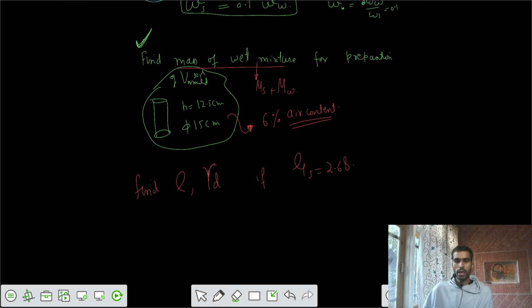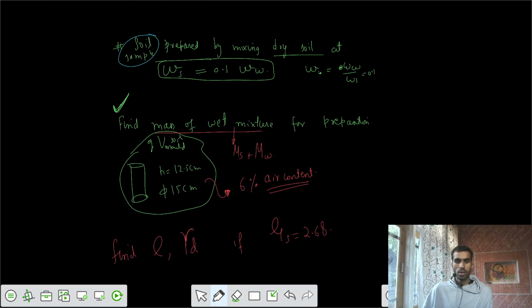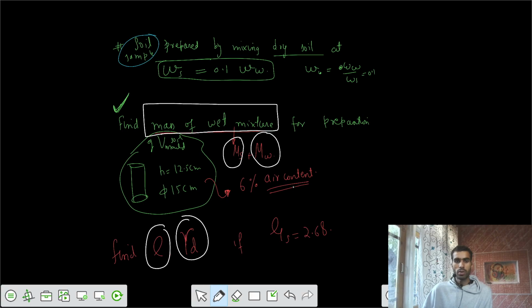So we need to calculate the mass of the solids and the mass of the water, such that I can get the mass of the mixture. And we need to calculate void ratio and gamma dry.